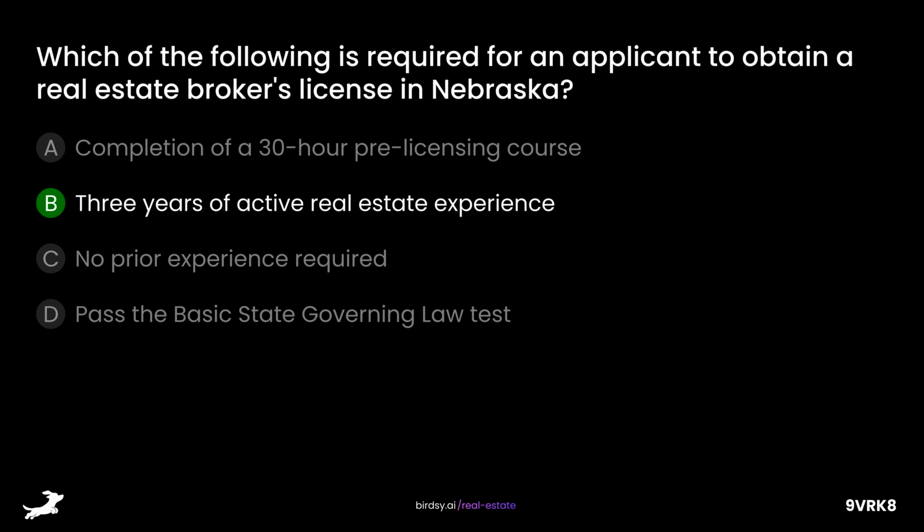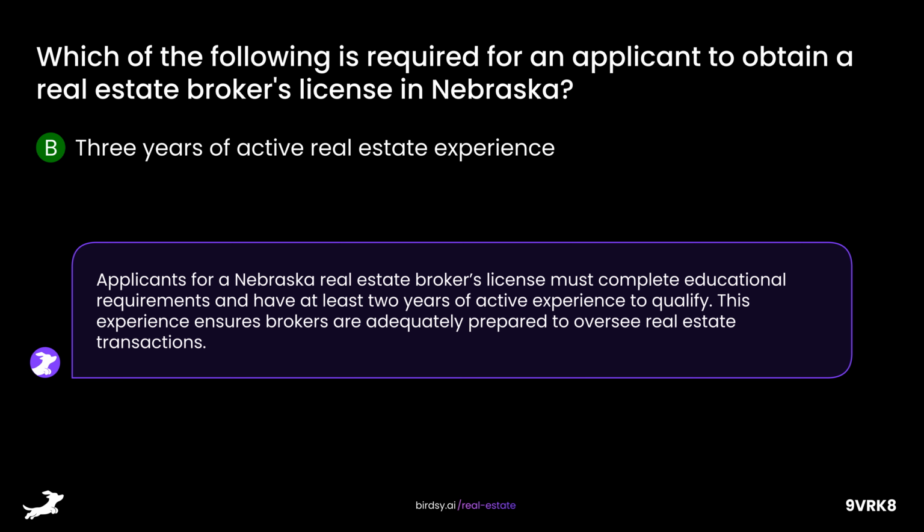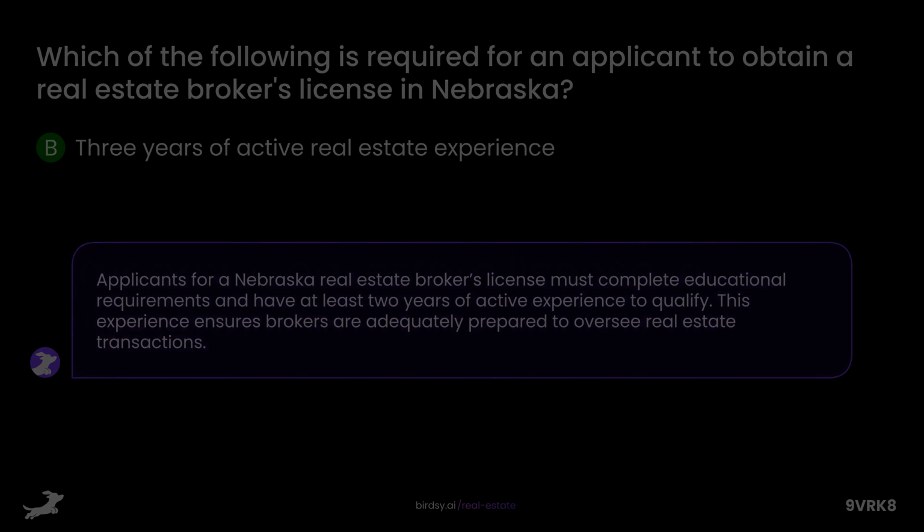The answer is B, 3 years of active real estate experience. Applicants for a Nebraska real estate broker's license must complete educational requirements and have at least 2 years of active experience to qualify. This experience ensures brokers are adequately prepared to oversee real estate transactions.